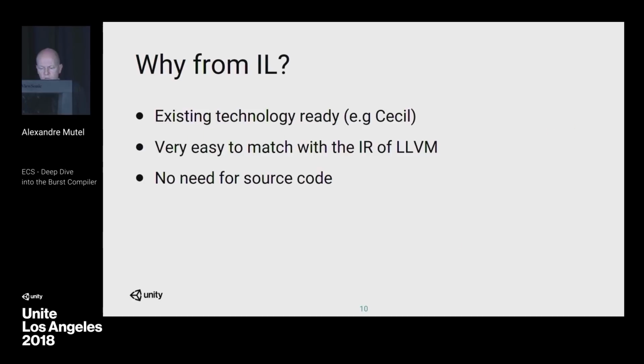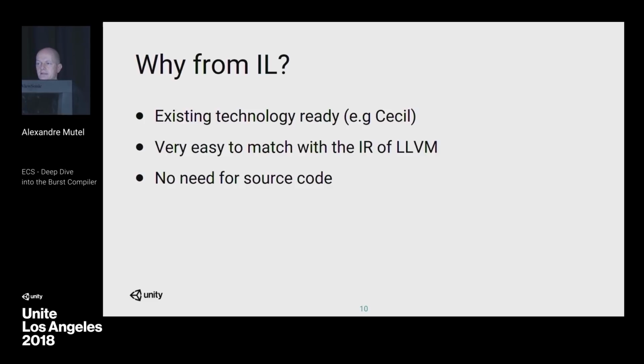One question you could have is why work from IL? For example, we could use Roslyn, the C# compiler, and translate directly from C#. But using IL is a well-proven technology, and it's very close to the representation of the IR in LLVM.